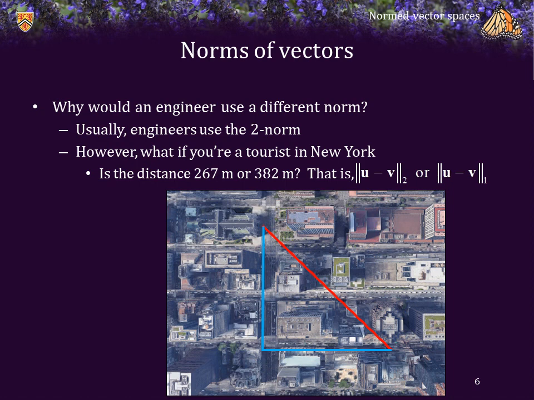Do we want to tell the tourist that the distance is 267 meters, that is the 2 norm, or do we want to give them that the distance is 382 meters, that is the 1 norm, the absolute value of the distance in one direction plus the absolute value of the distance in the second direction?